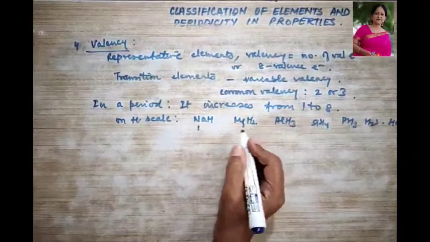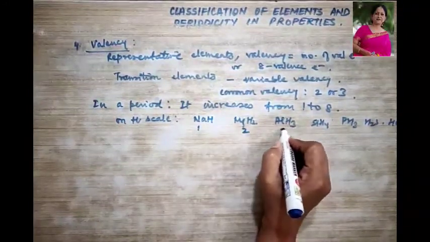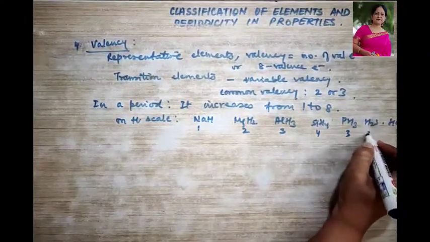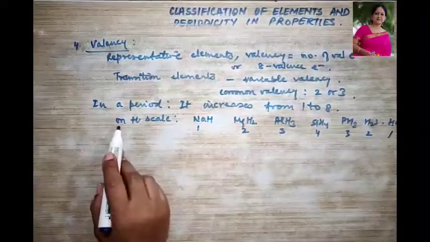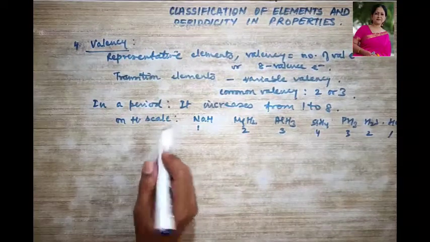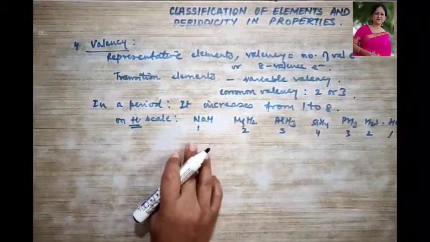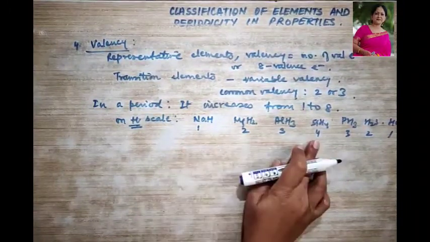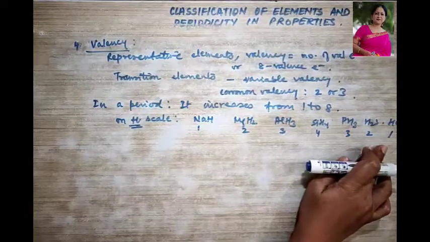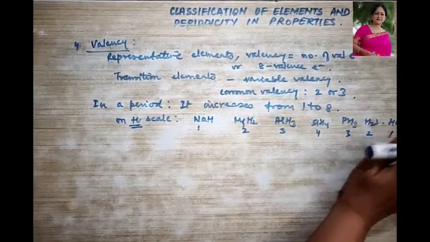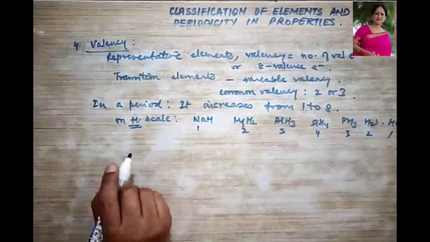Here it is 1, then here it is 2, here it is 3, then here 4. Now here 3, 2, 1. So what did we understand? On the hydrogen scale, the valency first increases from 1 to 4 and then decreases from 4 to 0. Where will the 0 go? It will go to the inert gas, right?